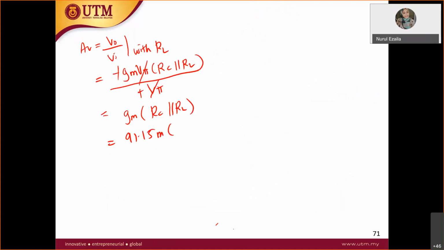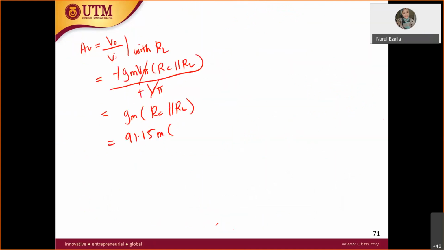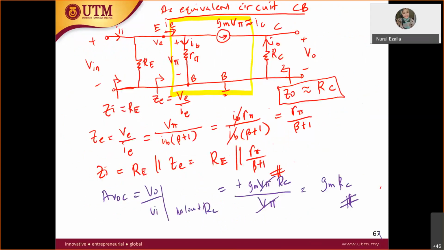RC is 4.3K, parallel with RL, which is 10K, and you will get about 274. All right, so for the AV, it is the same derivation as in this slide.